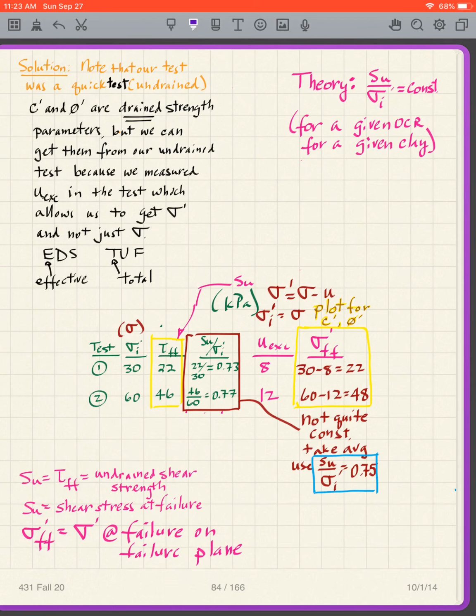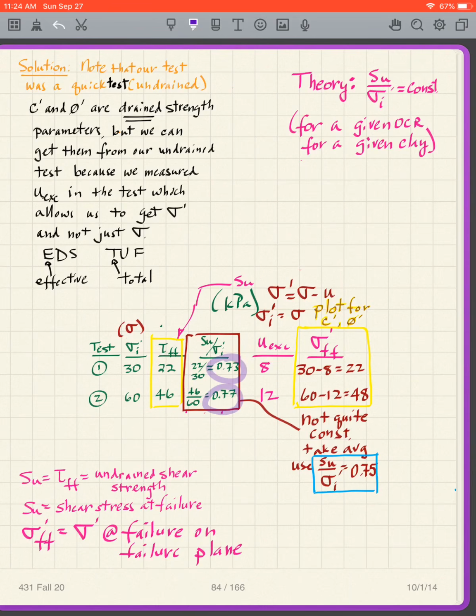Because this test was fast, what do we find? Our tau ff is what? It's our Su. So both 22 and 46 are our Su, the undrained shear strength. Since we have our sigma prime i and we have our Su, we just simply take the ratio, 22 over 30 and 46 over 60, and we get 0.73 and 0.77.